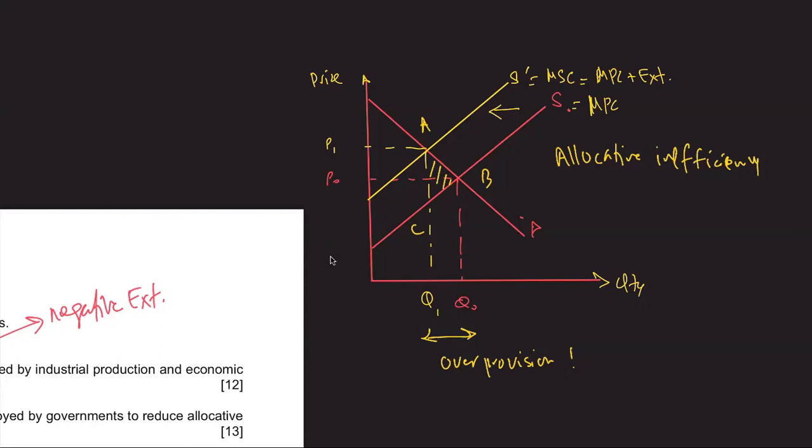Now, guys, what are the policies that can help us to reduce this? Well, the most famous and common one is indirect taxation, right? But you could also do laws and regulation. That's the second one. You could also put a quota, make sure the quantity becomes Q1, right? You just let the quantity become Q1, let's call it a quota.